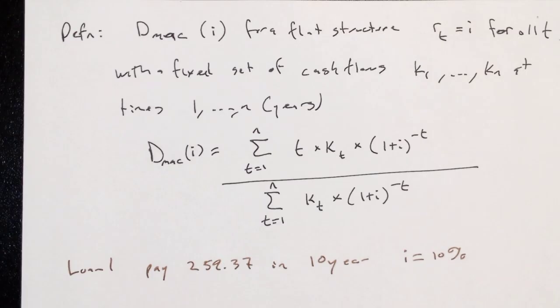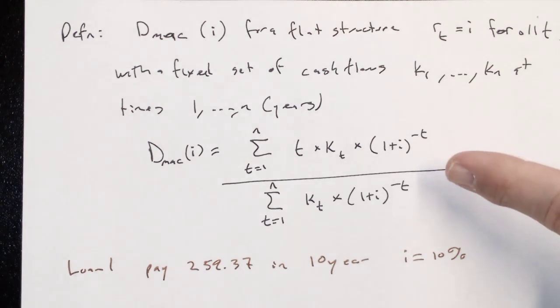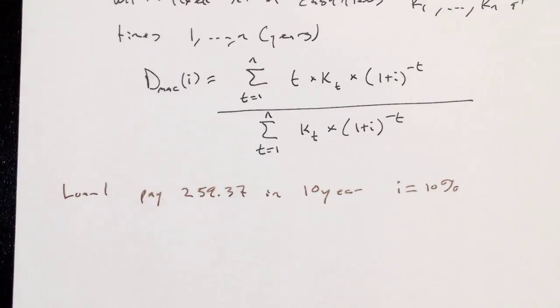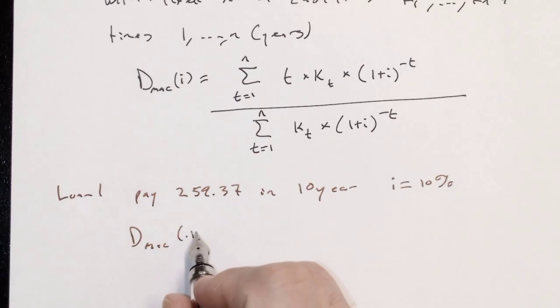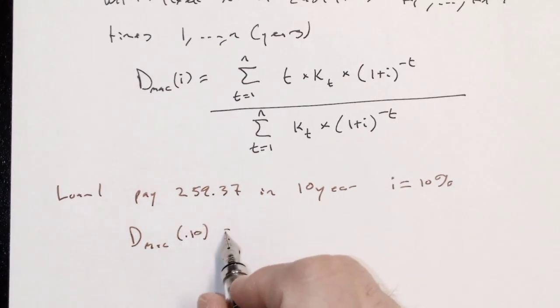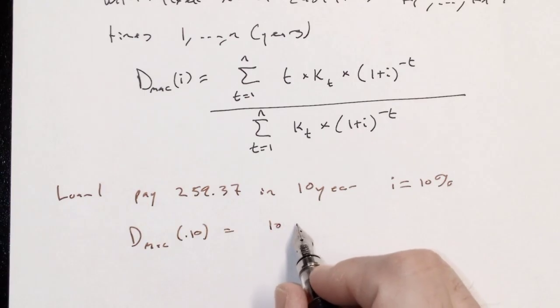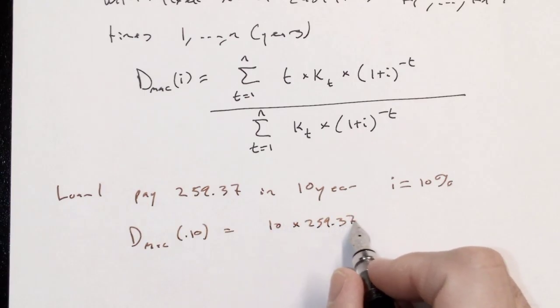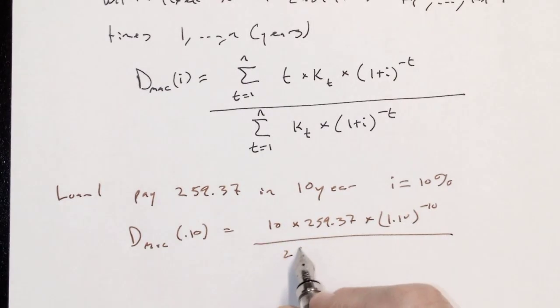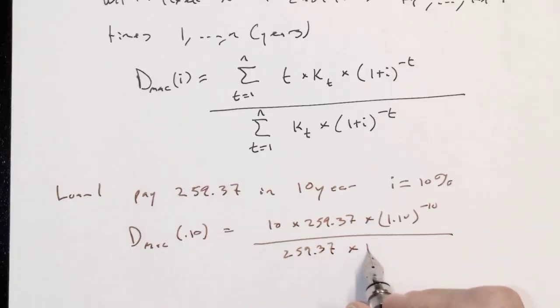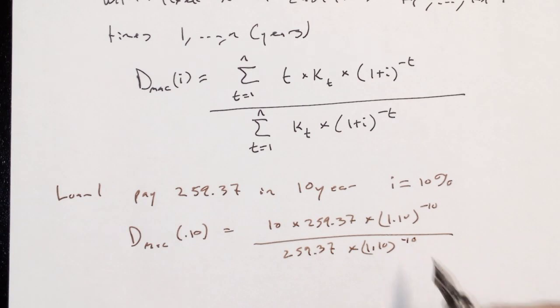What's the Macaulay duration? Well, since there's only one payment, this is not even going to have a sum in it. I can use exactly this formula, but there's only one payment. So the Macaulay duration at 10% is 10 times 259.37 times 1.10 to the negative 10, divided by 259.37 times 1.10 to the negative 10th.